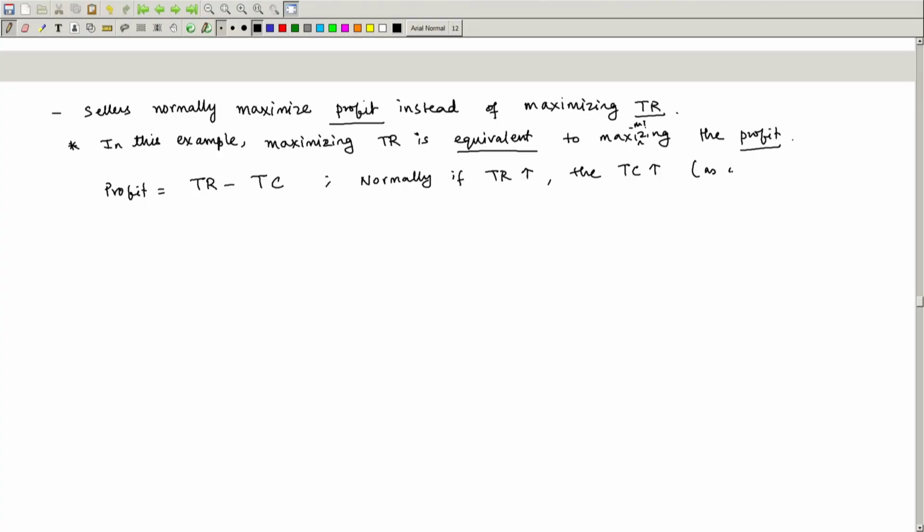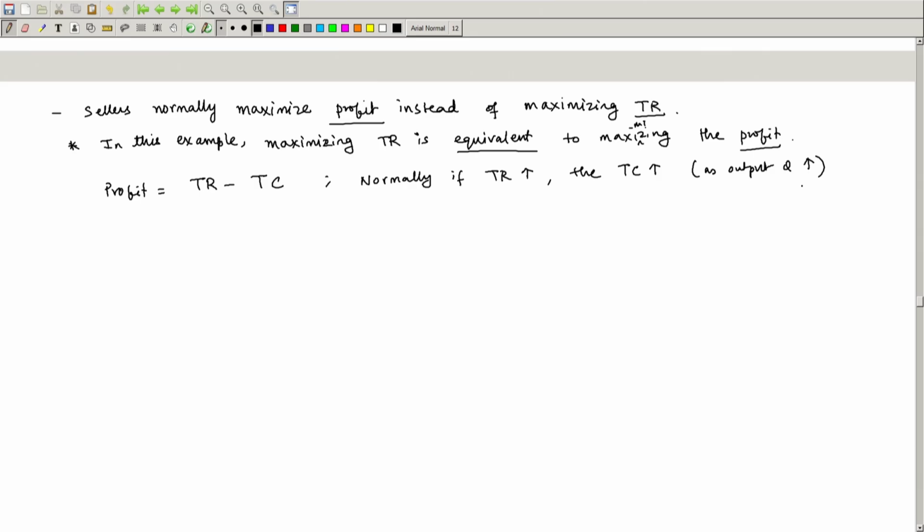I give a discount that translates to a huge increase in sales. So, my revenue increases, and because my Q has increased, the total cost also has increased as output has increased. Now, the rate at which the total revenue and total cost change is going to determine whether profit is going to increase or not.